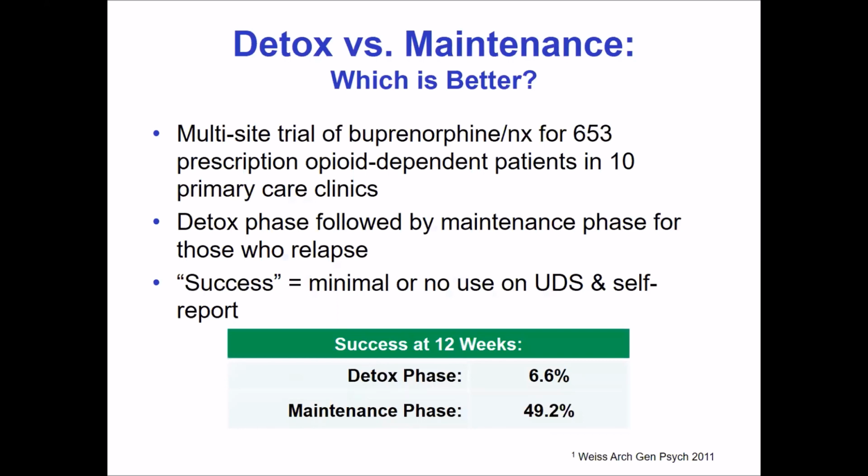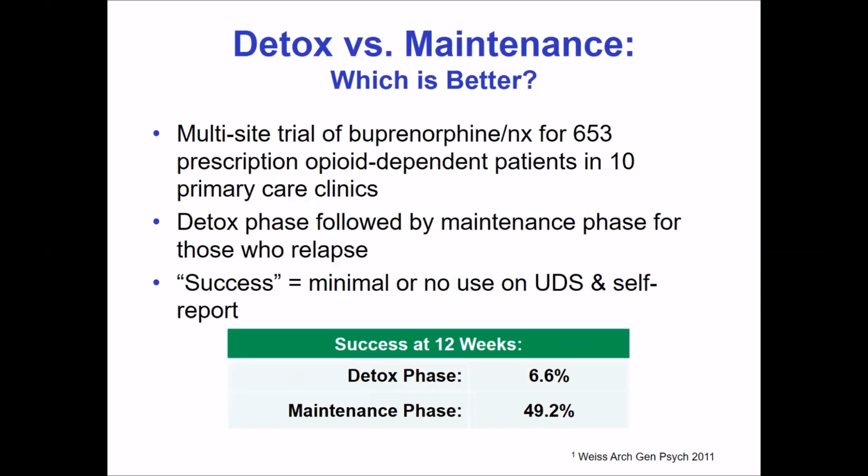Much more recently in the US, the NIDA Clinical Trials Network POATS study was a multi-site trial of buprenorphine for the treatment of prescription opioid use disorder in 10 primary care clinics around the country. And it had a detox phase followed by a maintenance phase for those who relapsed. Success was determined fairly generously.